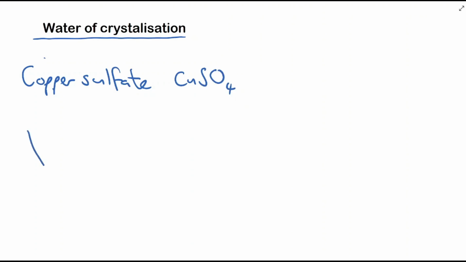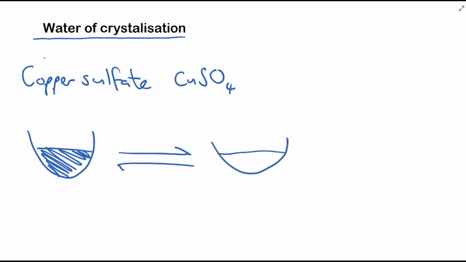Now, we learned about two forms of copper sulfate. There's a classic copper sulfate, which is kind of blue crystals, and you may have put them in a dish and you may have heated them, and they may have turned into white crystals. So we've got the blue version and the white version, and we add heat to that situation and it goes from blue to white.